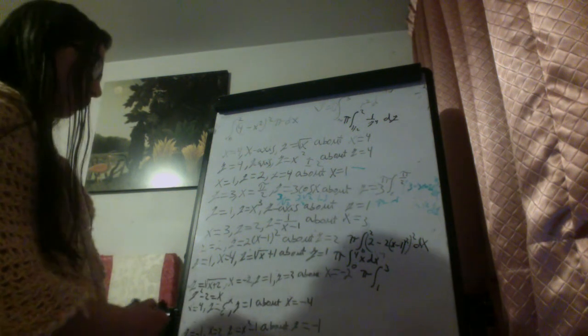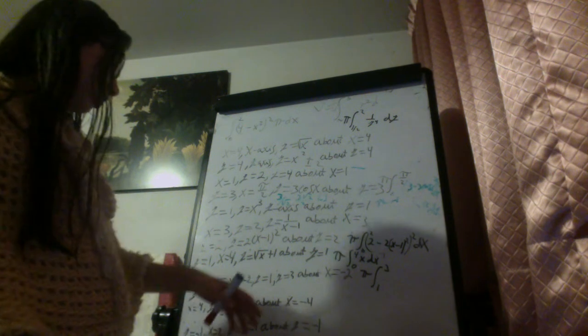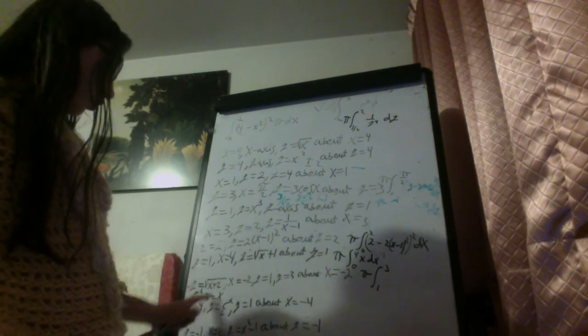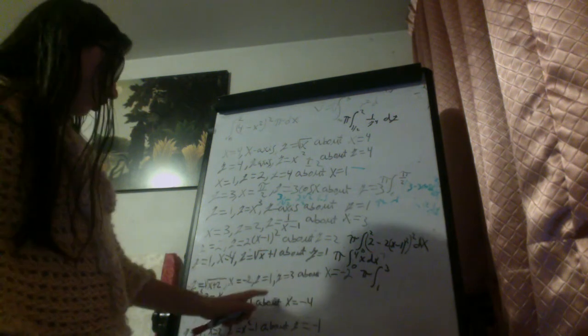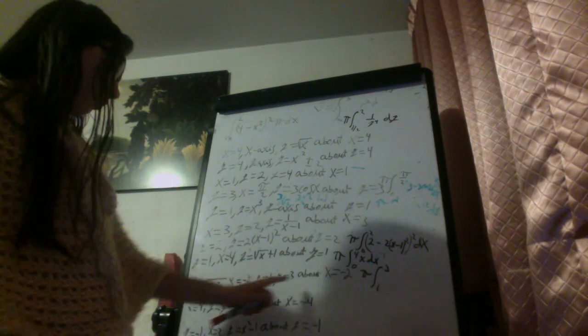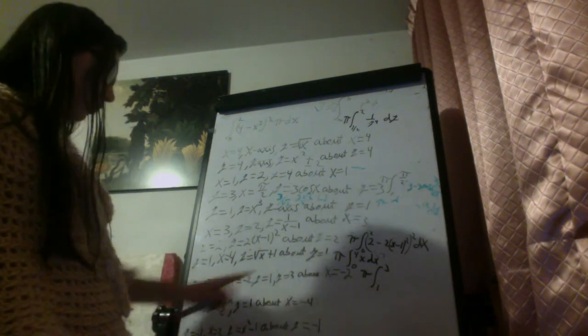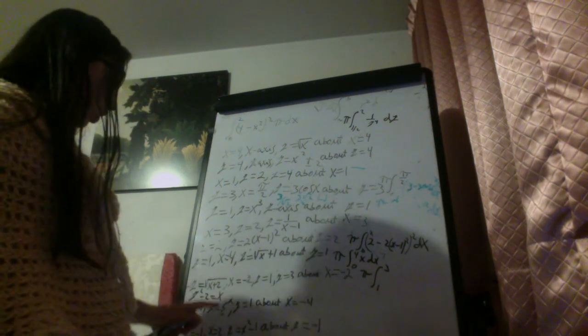Let's pick something between 1 and 3, that's y equals 2. So 4 minus 2 is 2, compared to x equals minus 2. This is greater, so we subtract this from this.